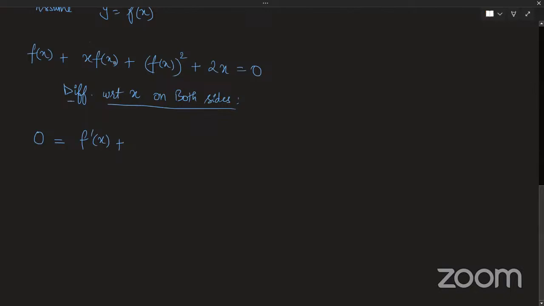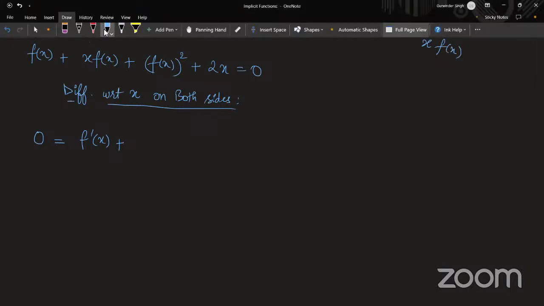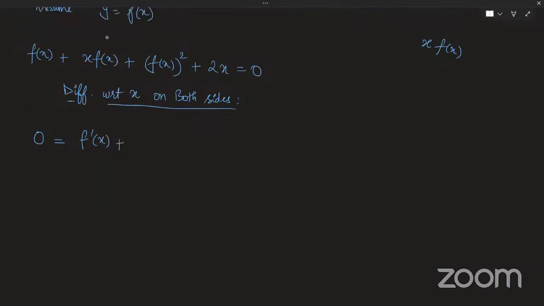Plus, what about this one, x into f of x? You have got two functions in multiplication. The first function is x, the second function is f of x. How do you differentiate the multiplication?